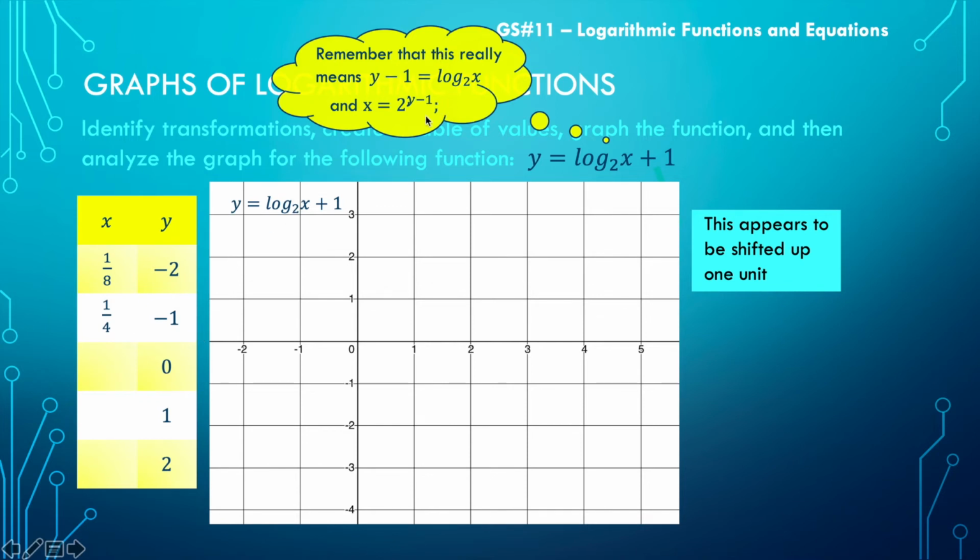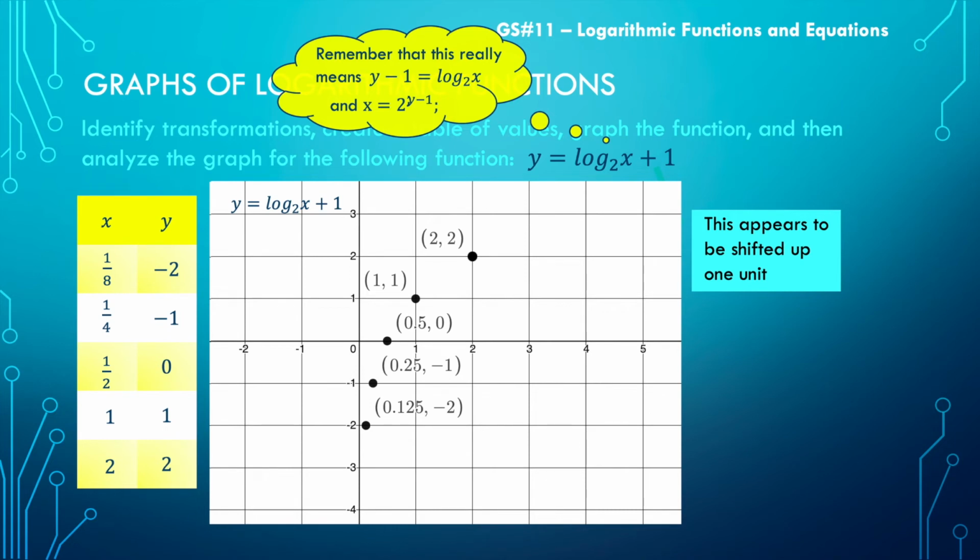And if I sub in the 0, I've got 2 to the -1, which is 1/2. And when I sub in the 1, I've got 2 to the 1 minus 1, or 2 to the 0, which is 1. And last, 2 to the 2 minus 1 is 2 to the first, which is 2. Okay, so I've got some nice points that I can plot. And when I plot them, it kind of looks like this.